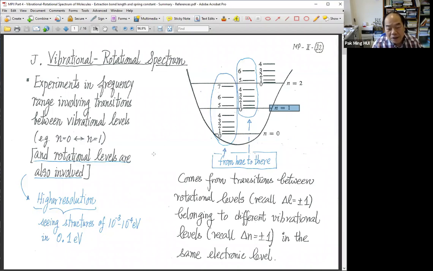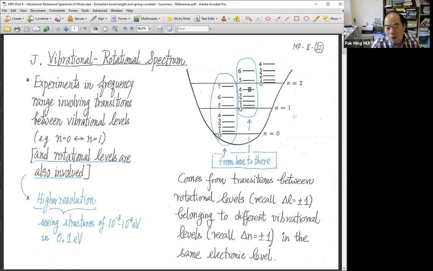Second point, last time we introduced that in order to fully, completely address the energy of a molecule, we need to talk about the minimum value here, which is the electronic part, which vibrational level the molecule is in, so the n, and then which rotational level the molecule is in, so the L. So we need n and L to specify where the molecule really is.